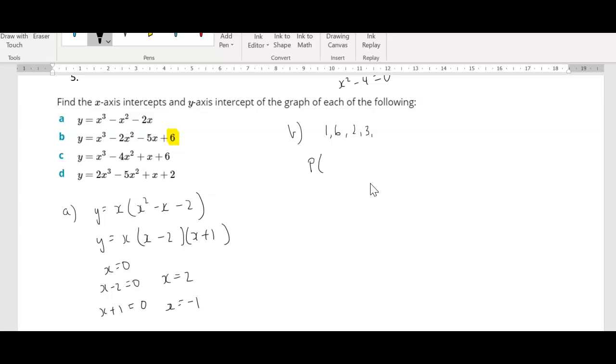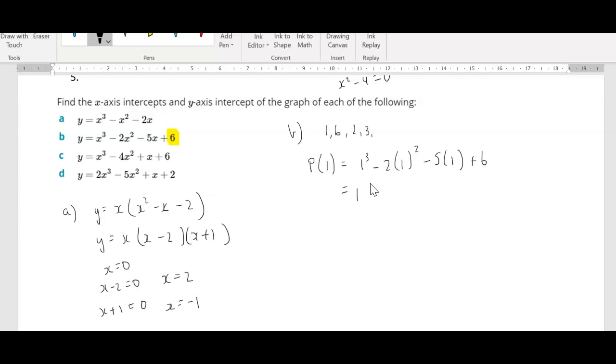Now, when I did this earlier, I think 1 was actually one of the solutions. So let's just quickly go through and do that. When I substitute 1 in, I'm going to have 1 cubed minus 2 times 1 squared minus 5 times 1 plus 6.